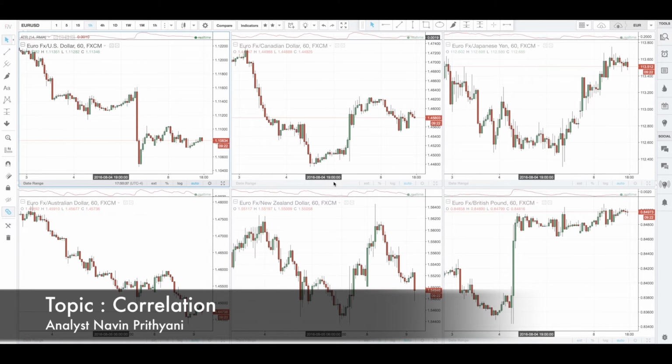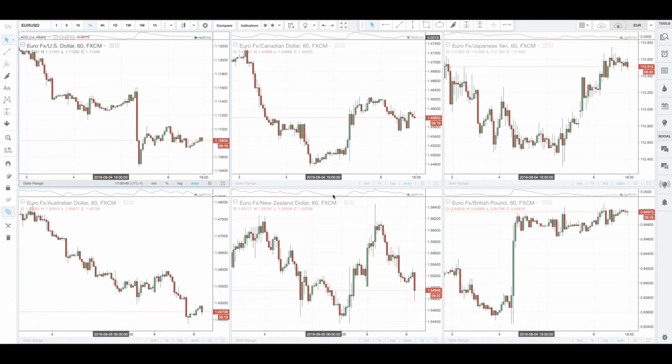Correlation basically is setting up your screens in such a way where all your pairs have one common denominator. For example, if this is euro on the left-hand side, notice how they're all euros. So this gives you an idea if all the euros are going down. Now, this one is not, okay?